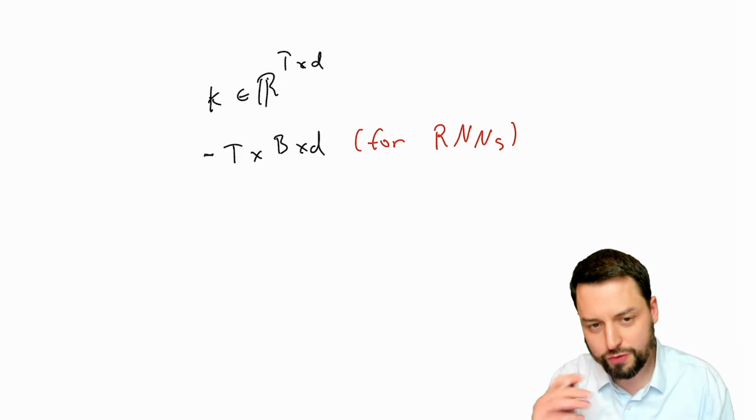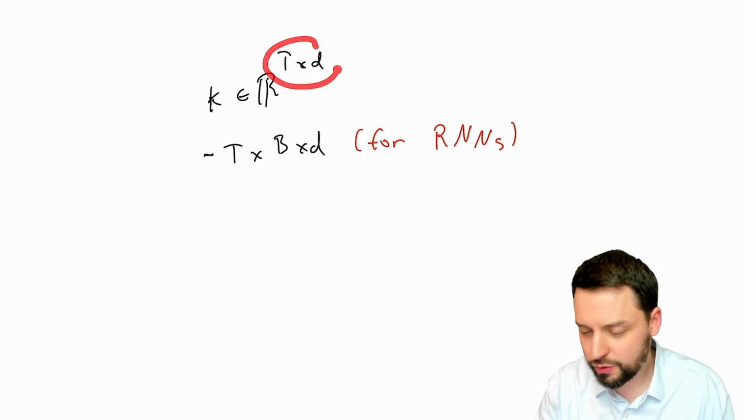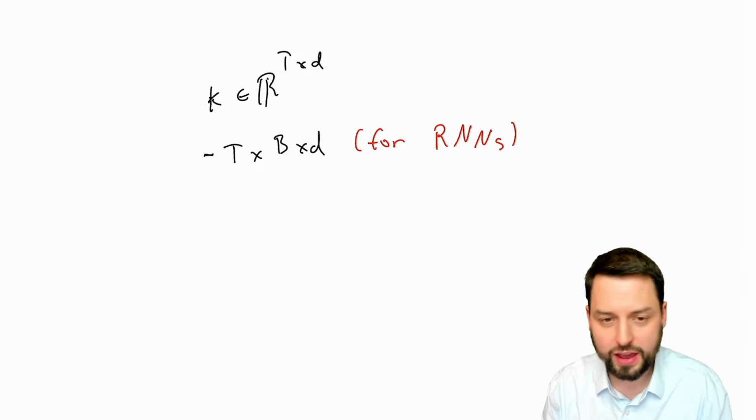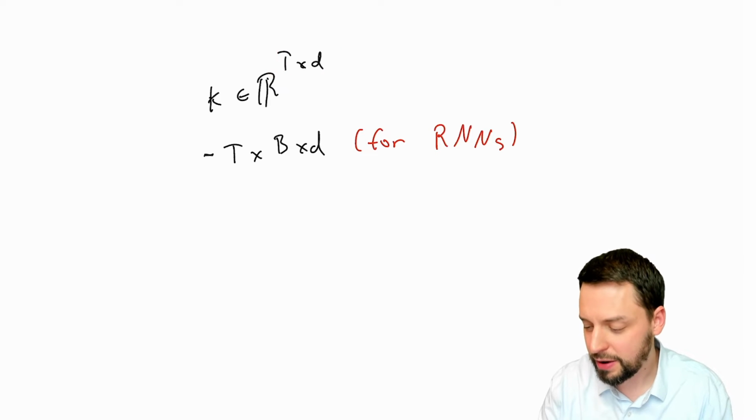For transformers, though, we're doing this multiplication in batches, right? We're forming K times Q, which uses the last two dimensions, the T by D matrix.